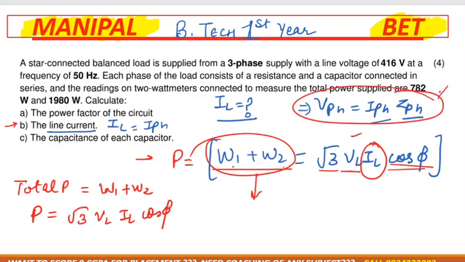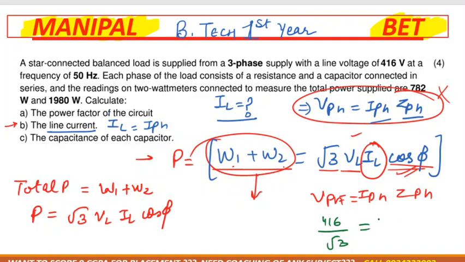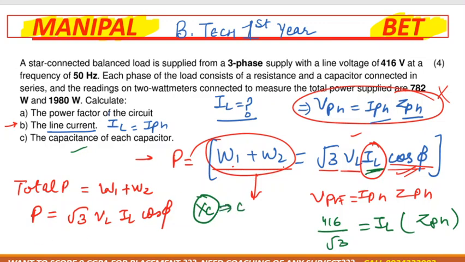Instead of using this formula, we have to use this formula, correct? So you know VPH is equal to IPH into ZPH, right? VPH is 415 by root 3. IL is equal to IPH that you have calculated from here. Then you get ZPH. And after getting ZPH, you will get XC, okay? That will be of pure capacitor. And after getting XC, you can get C easily. Yes or no?